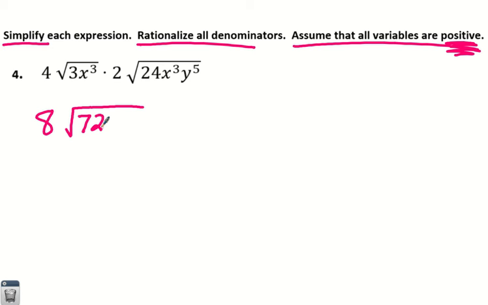X to the third times x to the third is going to be x to the sixth. That's how exponents work. We add the powers, people. And then it looks like we have a y to the fifth also. So I multiplied the 4 and the 2 together, and then I multiplied the stuff underneath the square root together.